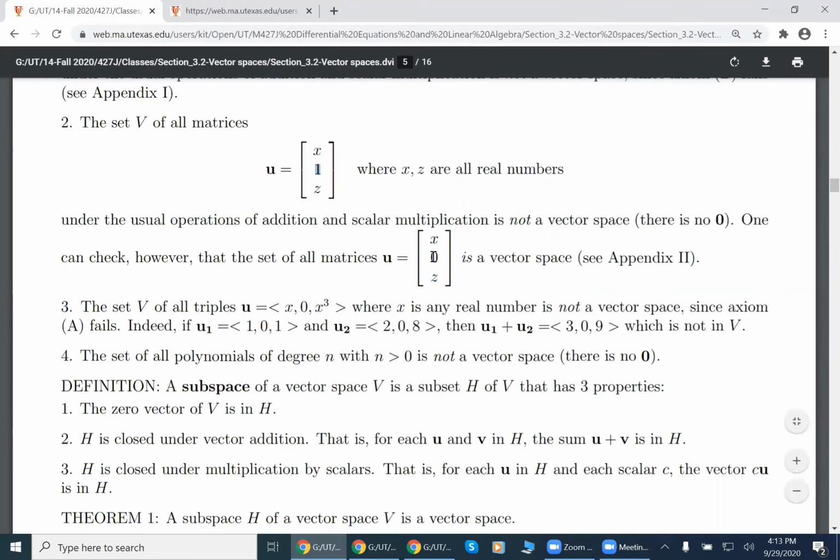Again, think about R. And think about the following subset: all even numbers. Note that 0 is there. It's an even number. Moreover, H, the set of all even numbers, is closed under addition because an even number plus an even number is an even number. However, it is not closed under multiplication by scalars.